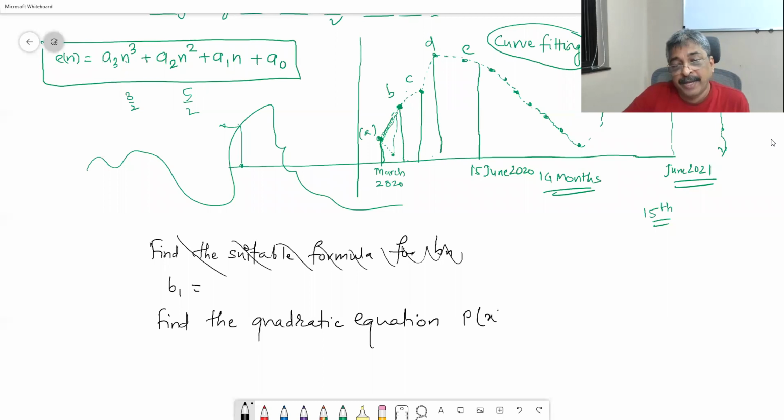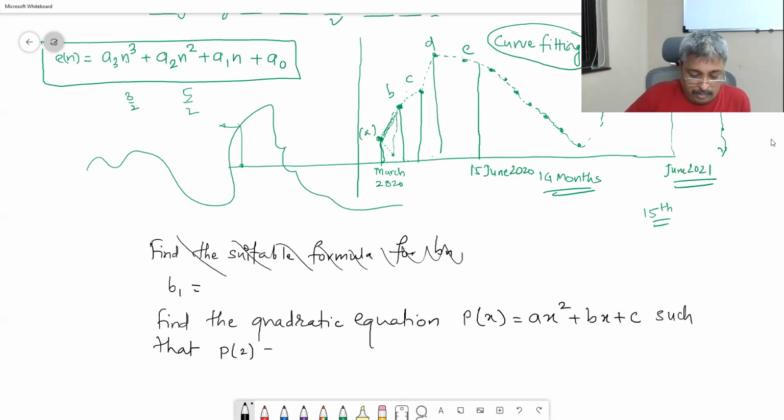Denote it like P of x is equal to ax square plus bx plus c, such that P of 2 is equal to 7, P of 6 is equal to 1, P of 8 is equal to 5.